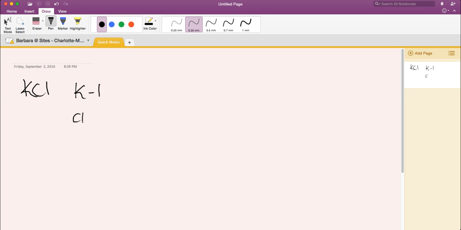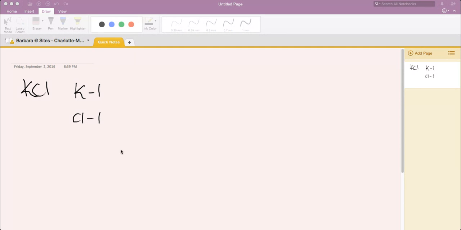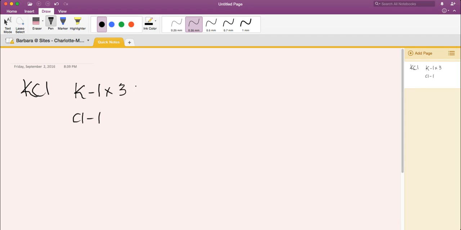So now what I need you to do is to go to your periodic table. Looking at your periodic table, you should see that the mass of potassium is 39.1 and the mass of chlorine is 35.45. All right? So again, what we're going to do now is take that mass. There's one potassium, multiply it times the mass of the potassium, which was 39.1.